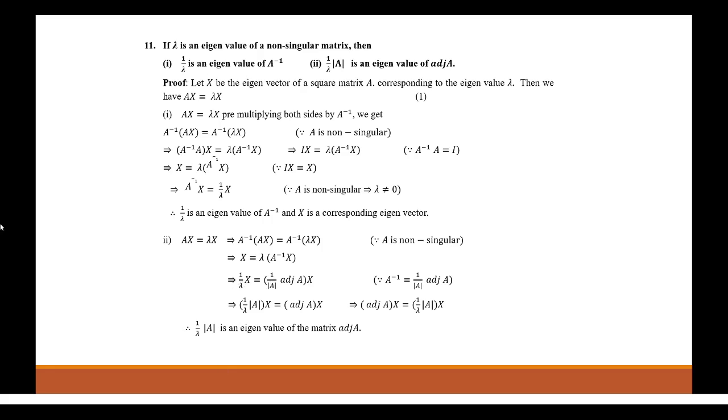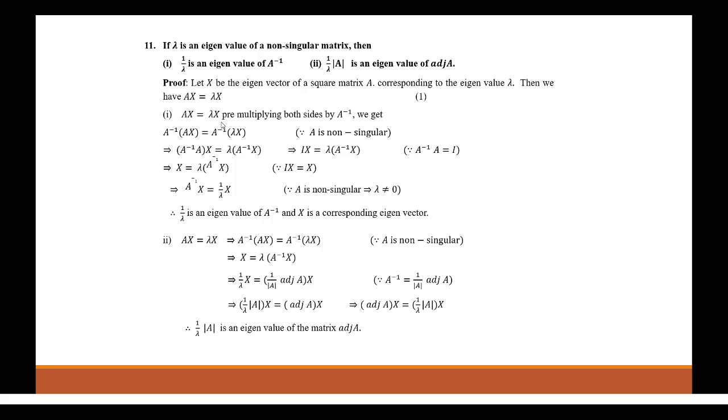So next we move on to the 11th property. If lambda is an eigenvalue of a non-singular matrix A, then 1 by lambda is an eigenvalue of A inverse. Second, 1 by lambda determinant A is an eigenvalue of adjoint A. Let x be the eigenvector of a square matrix A corresponding to the eigenvalue lambda. Then we have Ax is equal to lambda x.